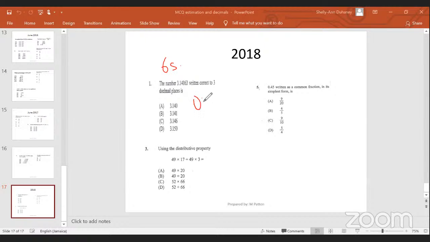Suppose I had this 0.0... How many significant figures is this? 3.